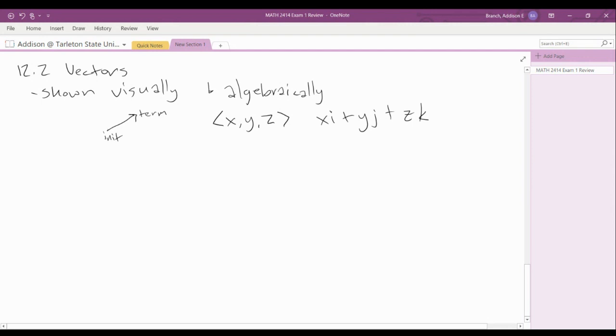So some important things to remember, just some mathematical operations, is going to be vector addition.